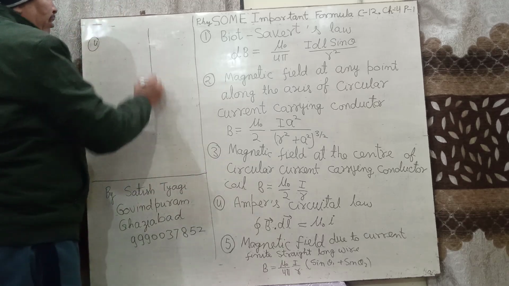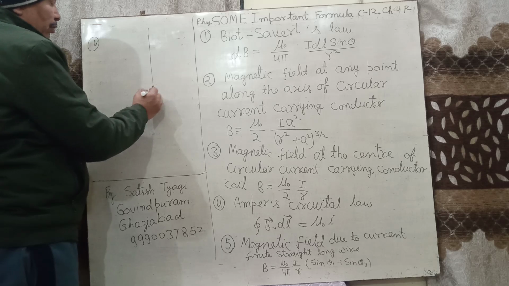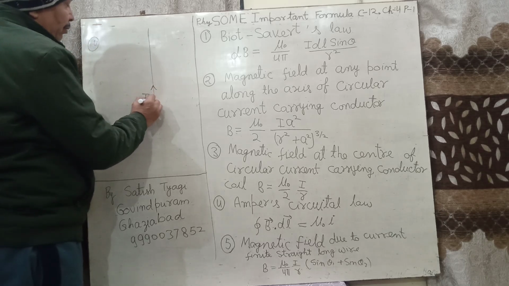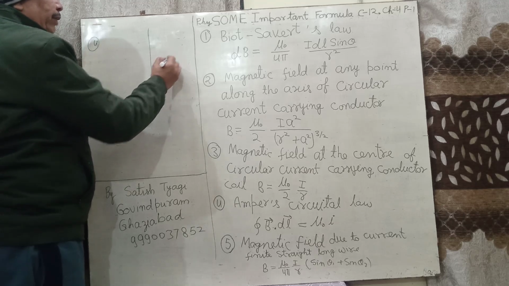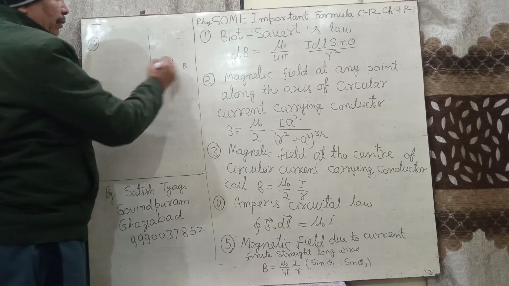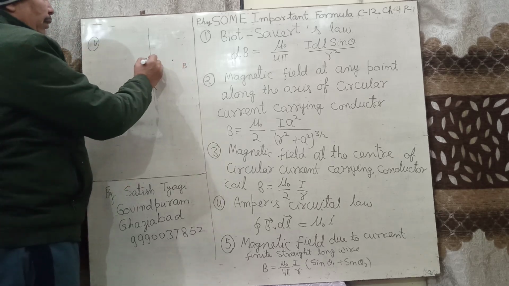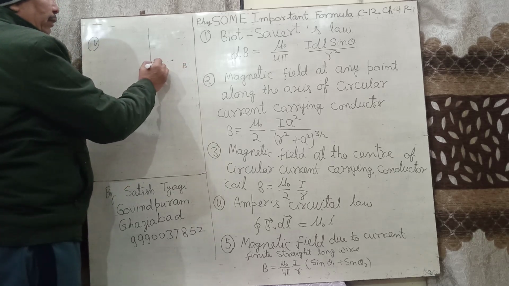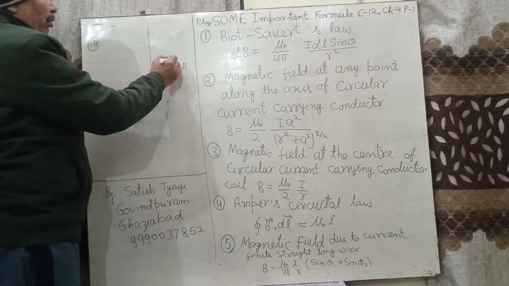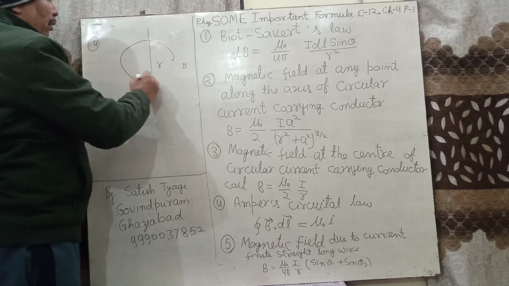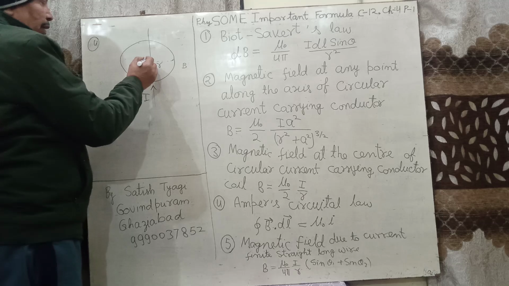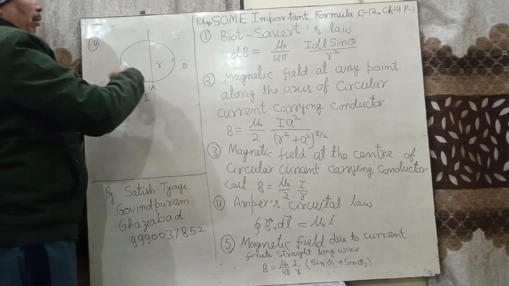Suppose this is a wire, and current I flows in this wire, and this is the point where we find the magnetic field B, and we take the distance of the wire from this point as R. Then we draw a circle about the wire.